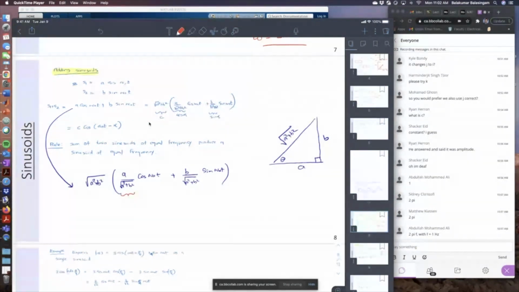If I call this cos alpha, and this will be sine alpha, then with that we can reduce this addition into one single sinusoid. We had two sinusoids, but we used math to combine them into a single one. So what changed? The amplitude changed and the phase changed. Important thing, the frequency did not change.